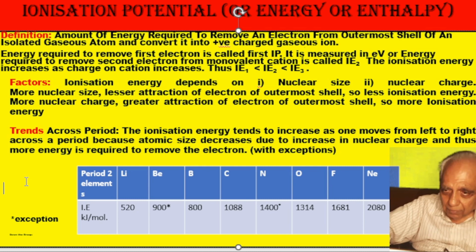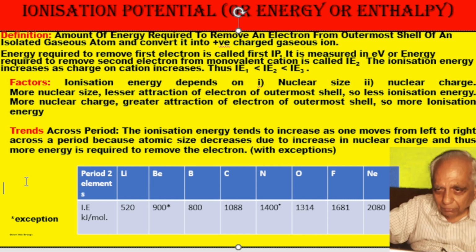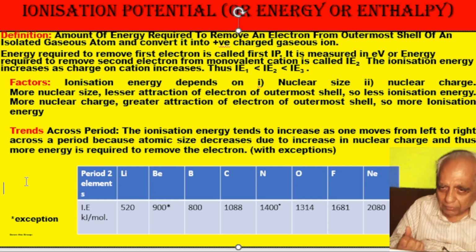Because now I have to remove an electron from the ion left after the earlier removal, and I have to overcome the force of attraction, because the cation has become positively charged.